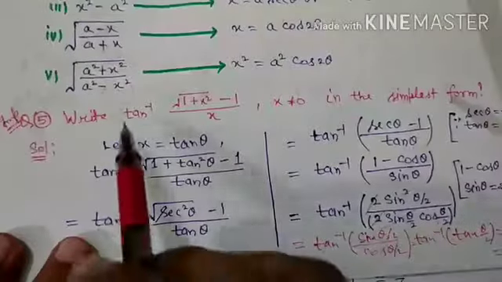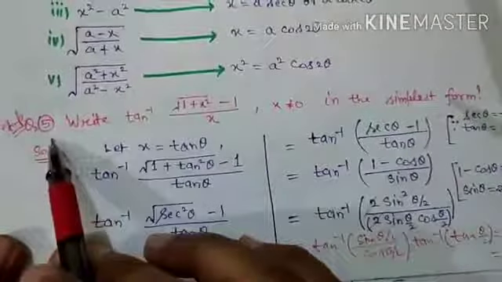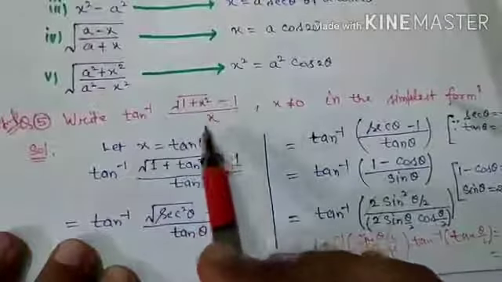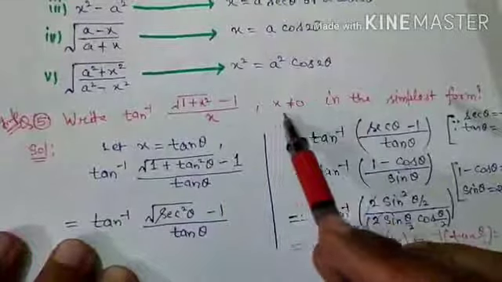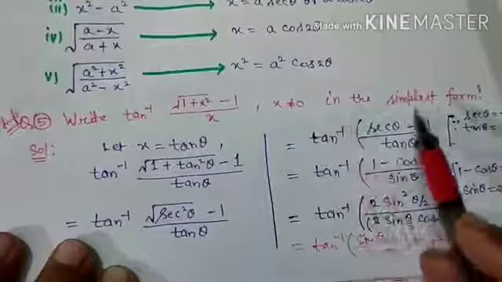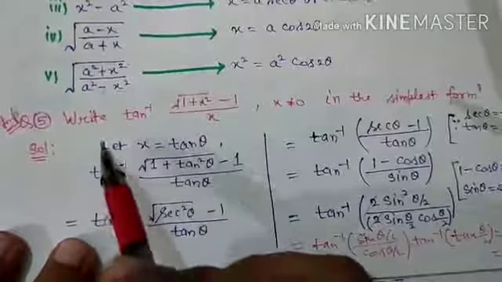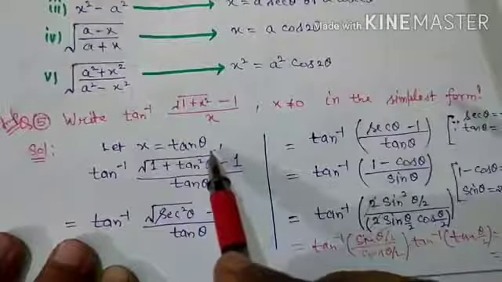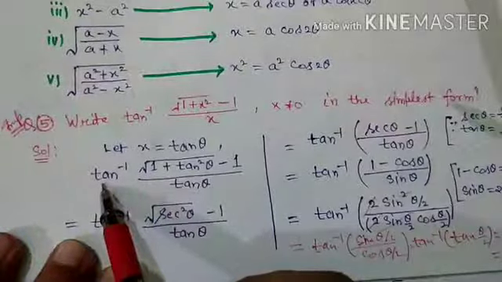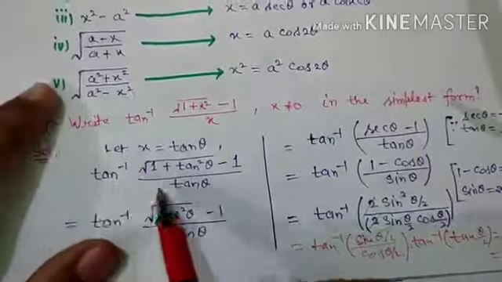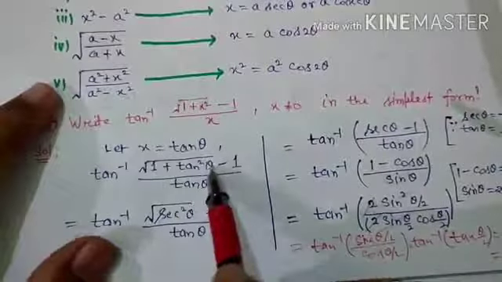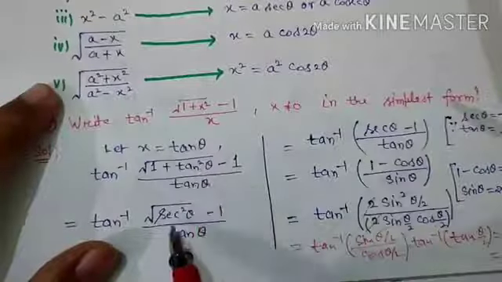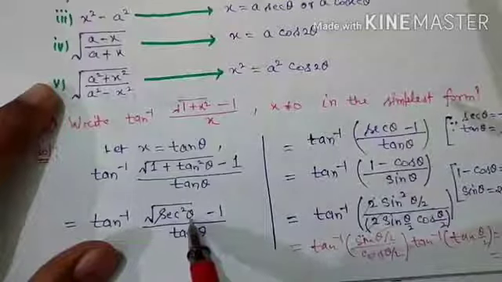Now we are applying this kind of substitution in question number 5 of NCERT. Write tan inverse of root of 1 plus x square minus 1 upon x, x is not equal to 0, in the simplest form. So what we have to do is let x be tan theta, and in that case tan inverse of root of 1 plus tan square theta minus 1 upon tan theta. 1 plus tan square theta, we know it is sec square theta.